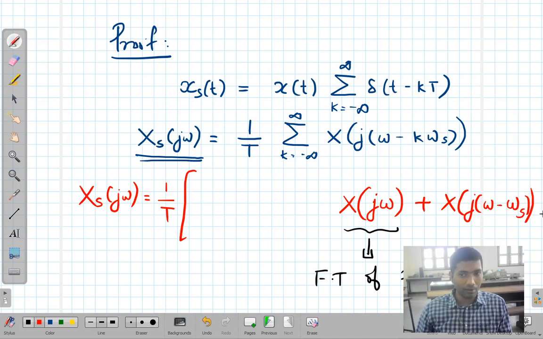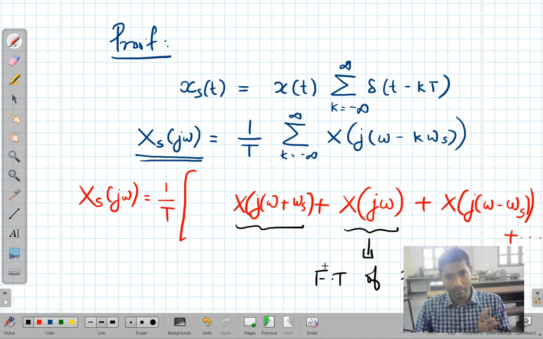Similarly, you can write for k is equal to 2, 3 etc. Towards the left side, if k is equal to minus 1, it will become x of j omega plus omega s. This is the Fourier transform of the signal shifted to the left, or advanced by omega s units, and the rest of the components will continue on the left side.